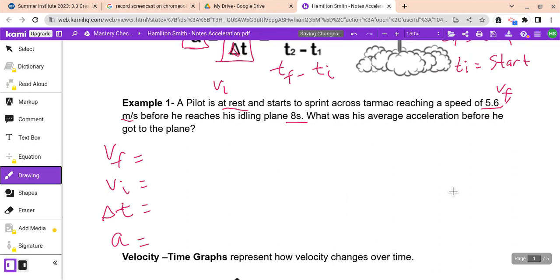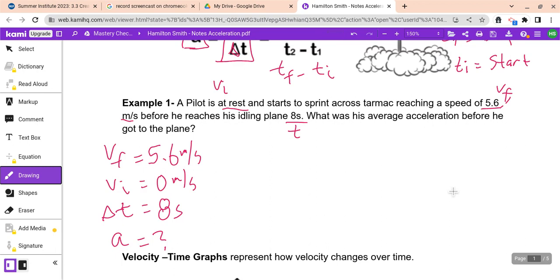Just from that first sentence, I've already gotten 3, and then here we also have time. I know that at the end, the velocity was 5.6 meters per second. At the beginning, they say rest, which infers that it's not moving at all. So that's a velocity of 0 meters per second, and the change in time here is 8 seconds.